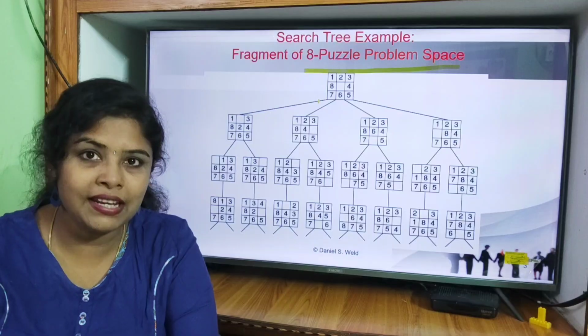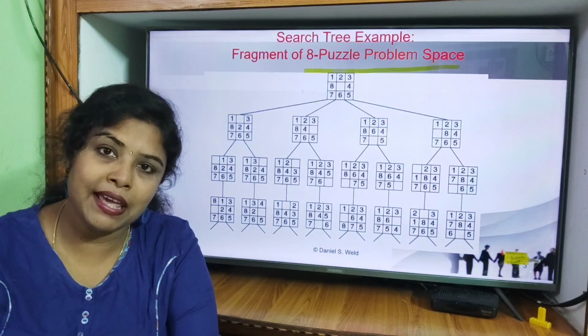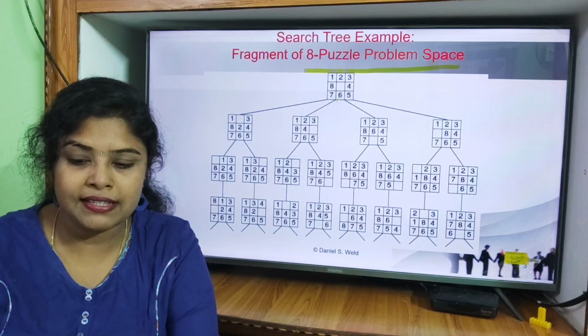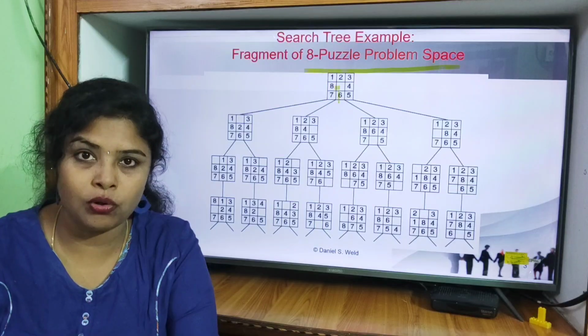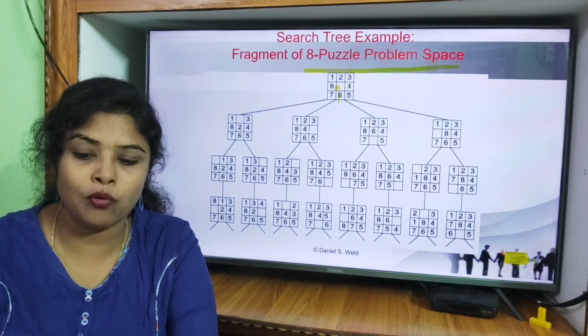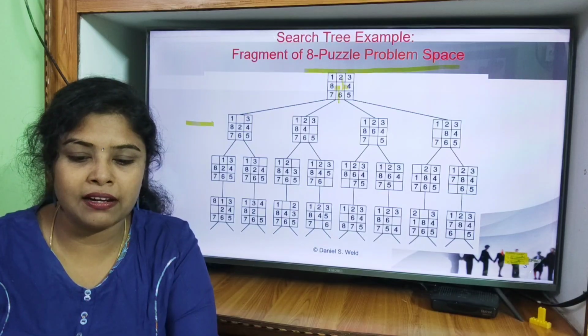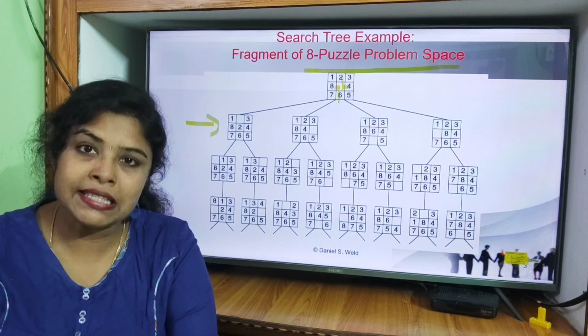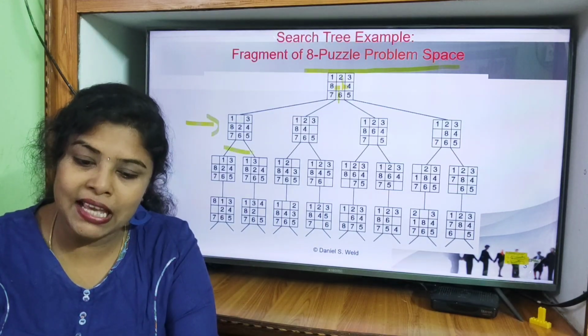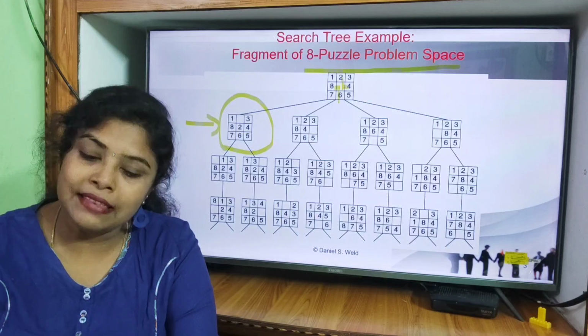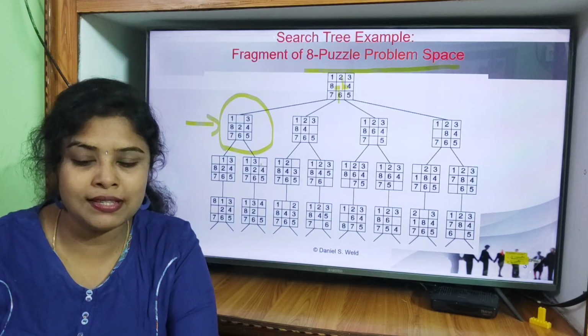Further, if this is the initial state, there can be n number of combinations like 6 can go up, 8 can move to the right space, 4 can move left, 2 can come down. So those 4 possibilities are listed in this level. Same way, for each and every combination, there are more possible combinations involved.